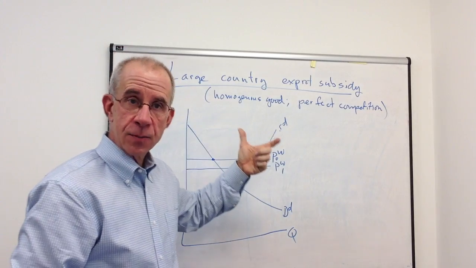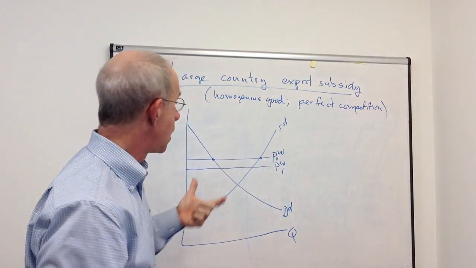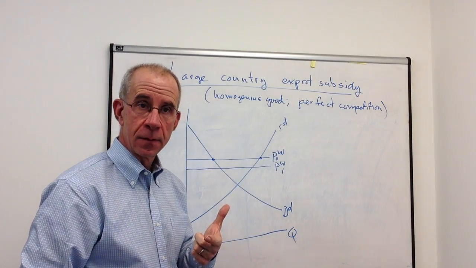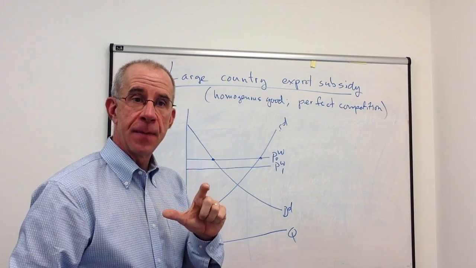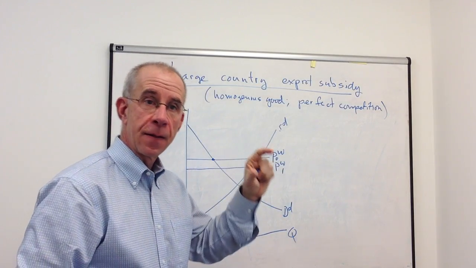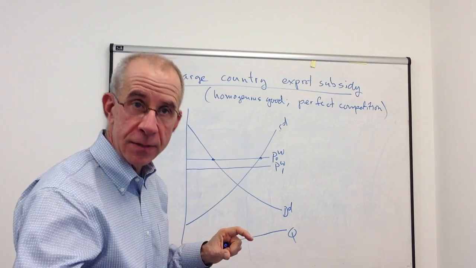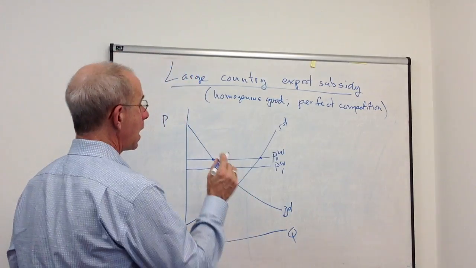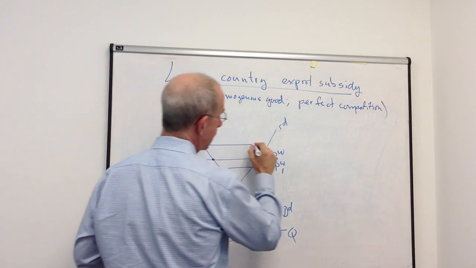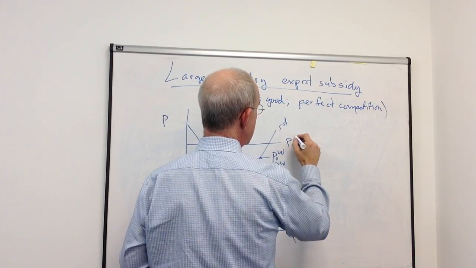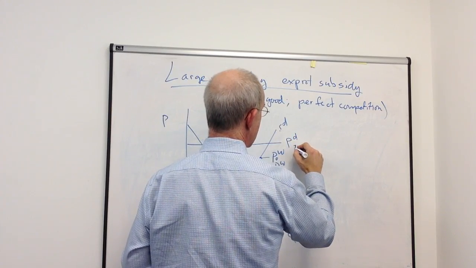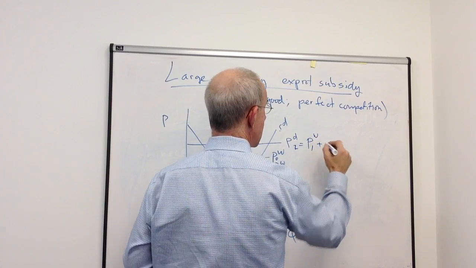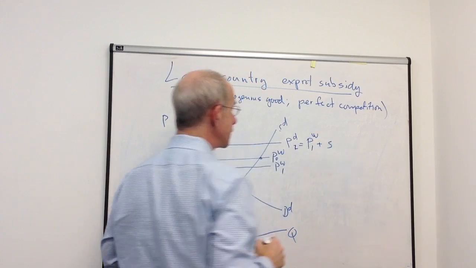And the way the export subsidy works is that whatever the world price is, the domestic firms will get that world price plus a subsidy payment from the government. And what you have here is that the new domestic price is going to be whatever the new world price is plus the subsidy rate.